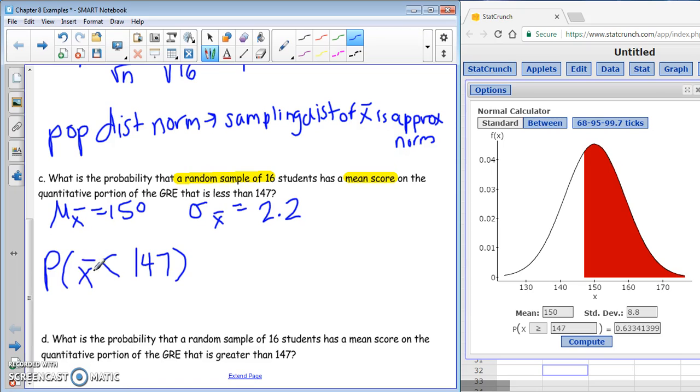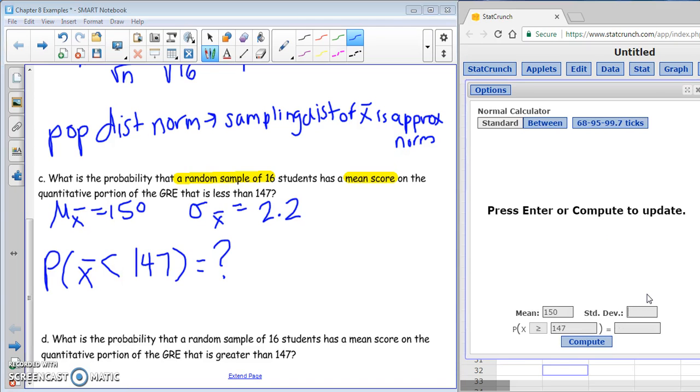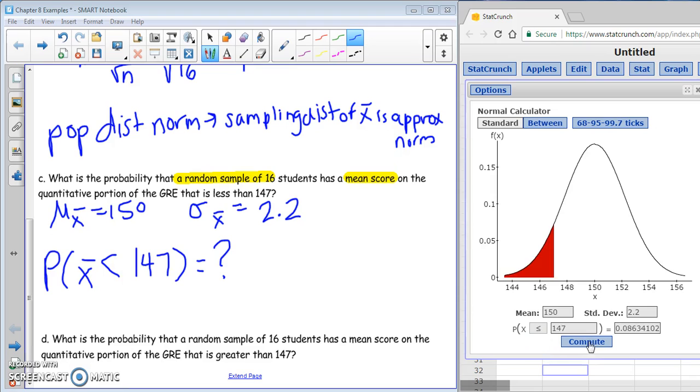Notice before we were writing z's and x's, now we have x bar because we're looking at a mean score. We come over to StatCrunch, and our mean is still the same, but our standard deviation changes. This looks similar to the previous chapter, just our standard deviation has changed. This is less than or equal to, and we compute. We have 0.0863.